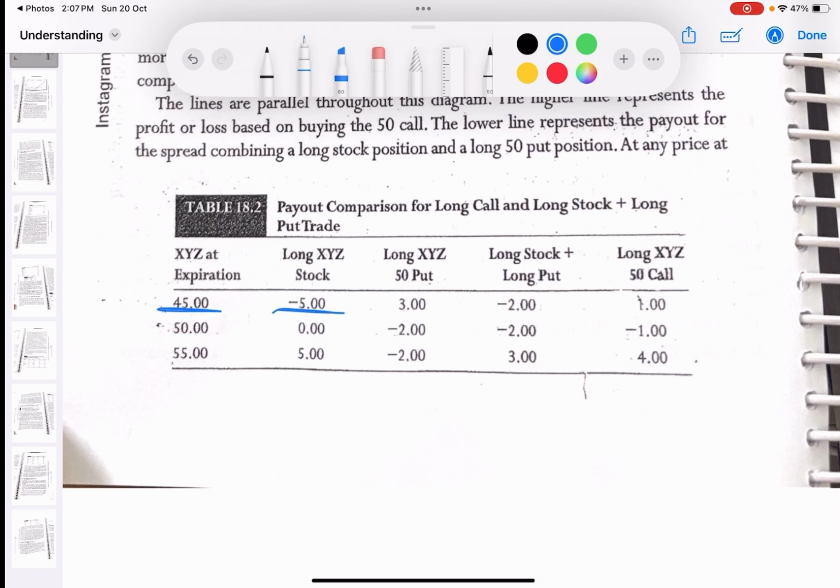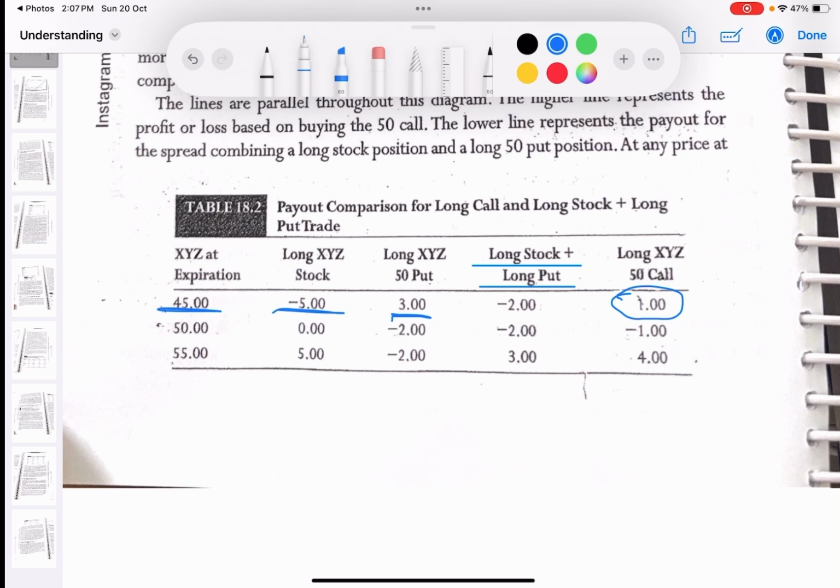And the put which you purchased at 2 will have increased its value, so you made a $1 profit. Clear? Now we have a long stock and a long put. That's what this case is: you have a stock with you which gave you a loss, but the put gave you a profit. In that case, you're making a profit of $1.